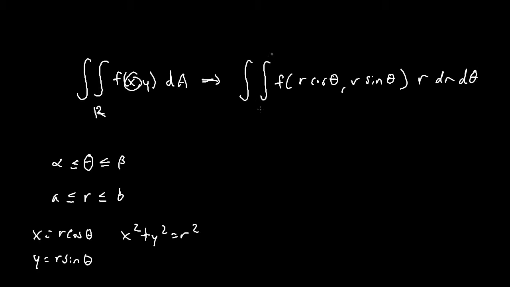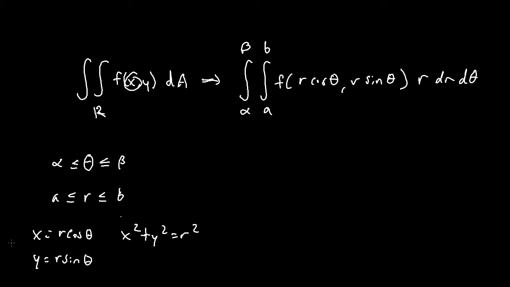And so the inside integral is going to have the r bounds from a to b, and the outer integral, since the outside has d theta, is going to have the theta bounds from alpha to beta.